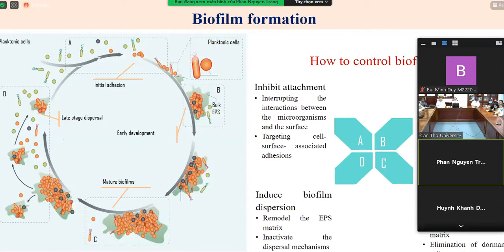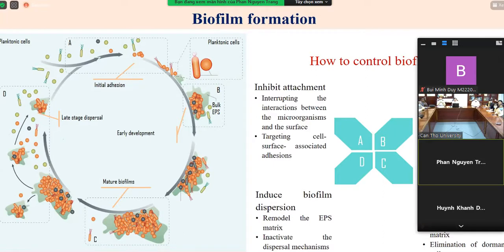What is a biofilm? Look at the figure on the left-hand side. It describes the stages of biofilm development. You can see we have A, B, C, D, four stages. First, planktonic cells adhere to the surface, and then bacterial cells develop extracellular polymeric substances in the early development.